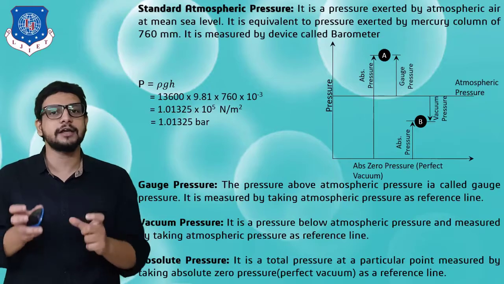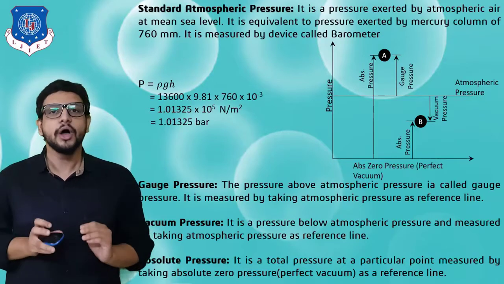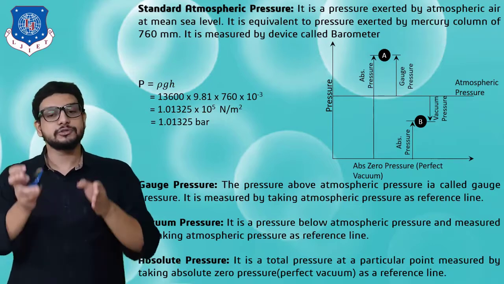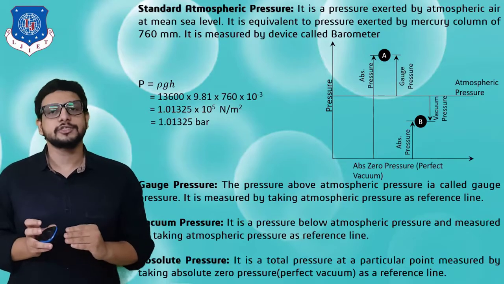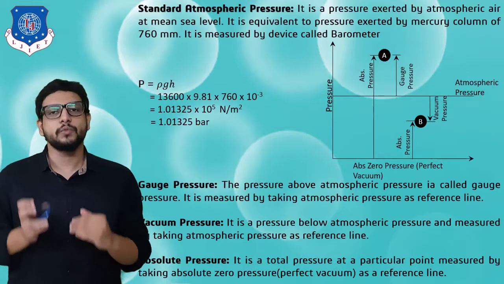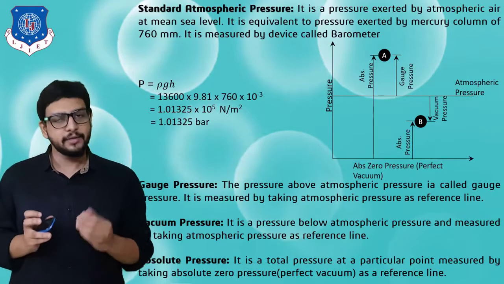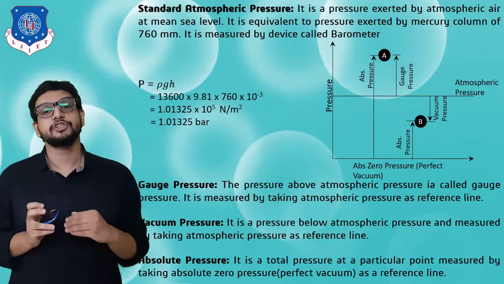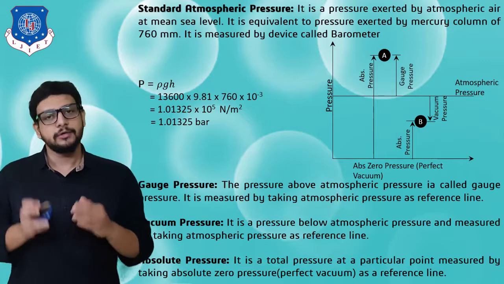So we get the pressure P is equal to 1.01325 into 10 raised to 5 Newton per meter square. Further converting it into bar, we can write it as 1.01325 bar. So by using this equation, we can say that atmospheric pressure is equal to 1 bar.